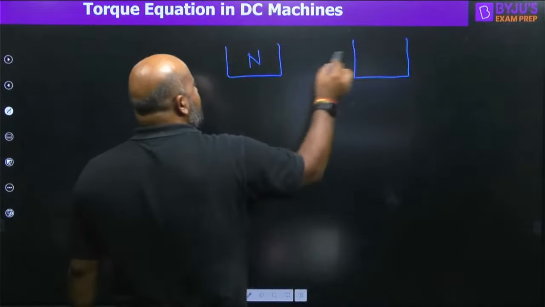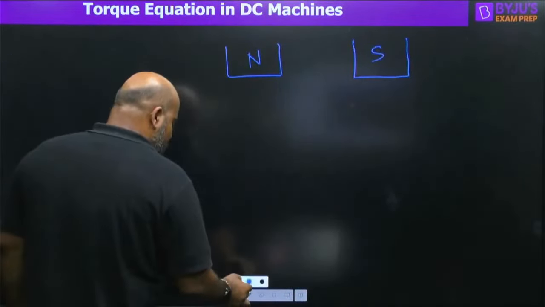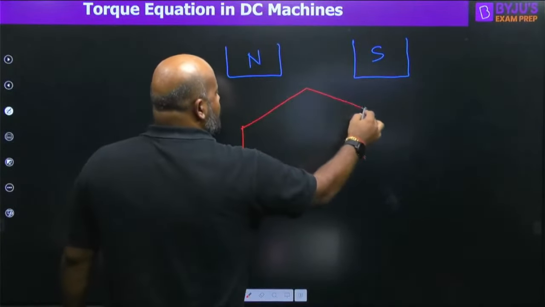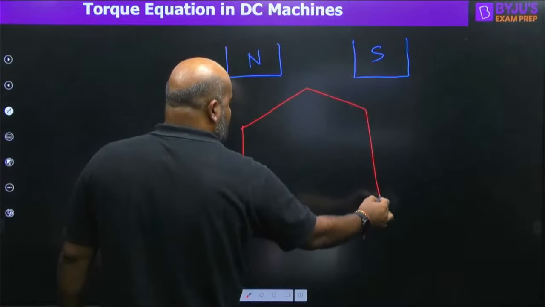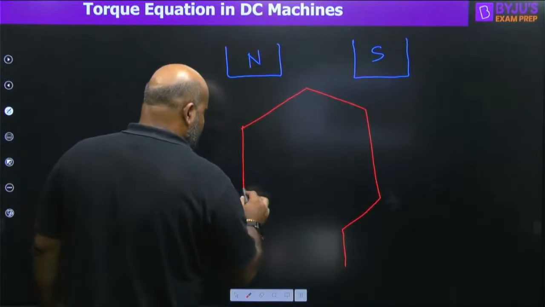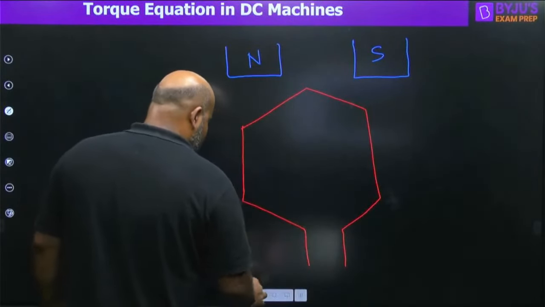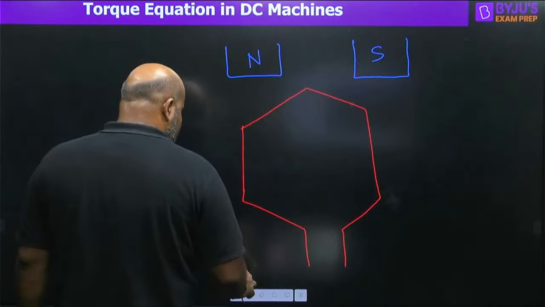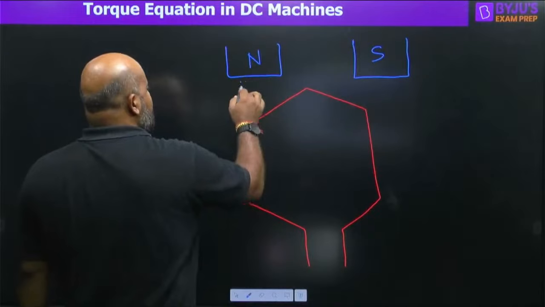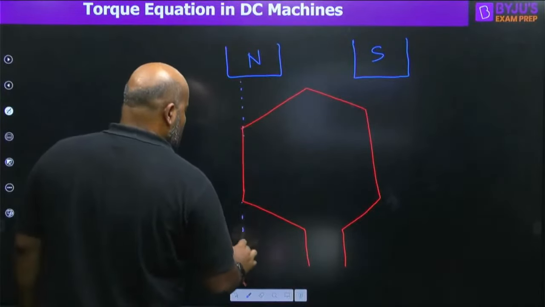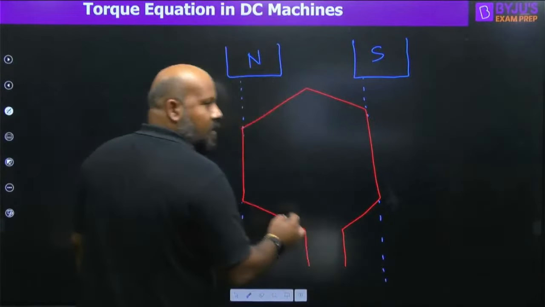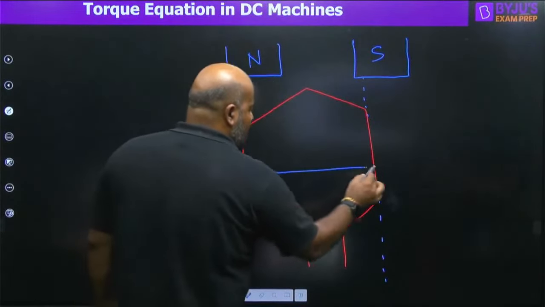Suppose this is north pole, this is south pole, and your winding is something like this. This is what we are defining as the coil span.